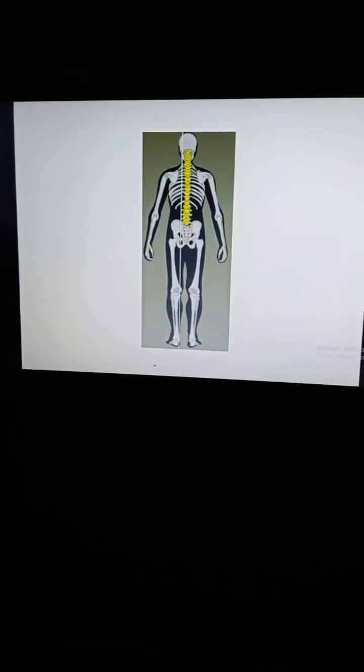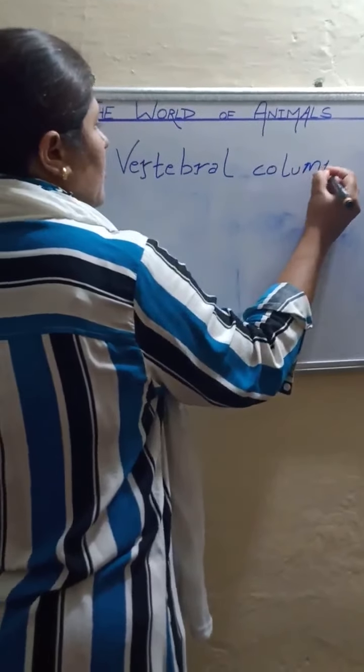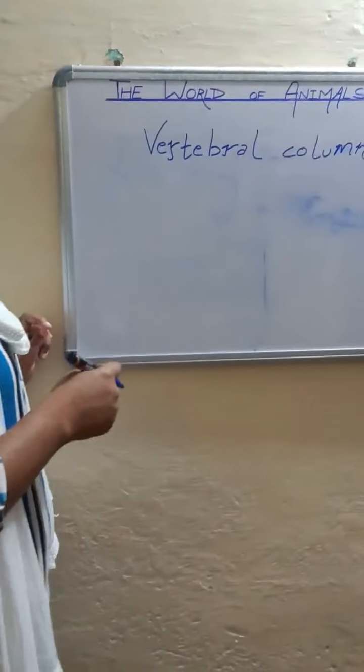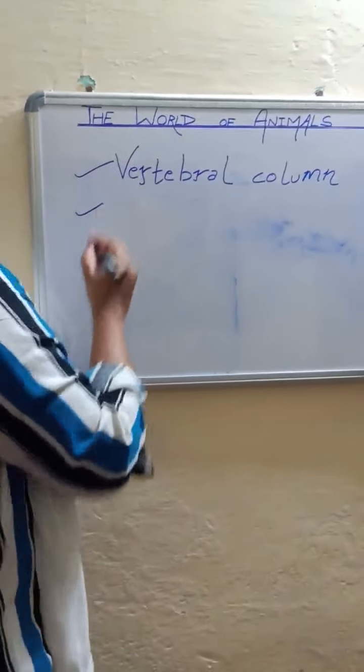This structure is known as vertebral column or spine or spinal column. There are three terms for this. The first word is vertebral column. The second is spinal column.